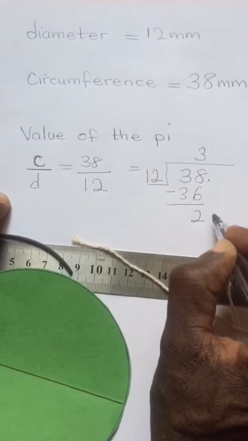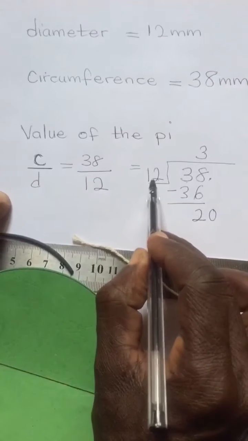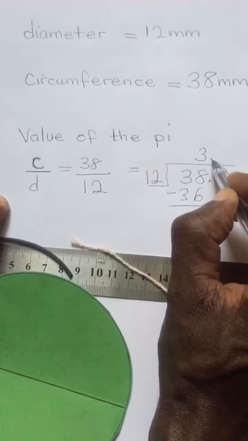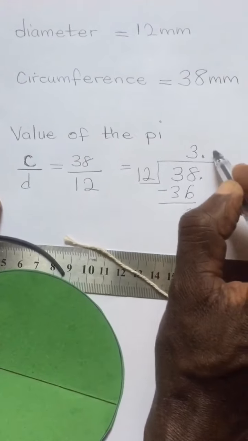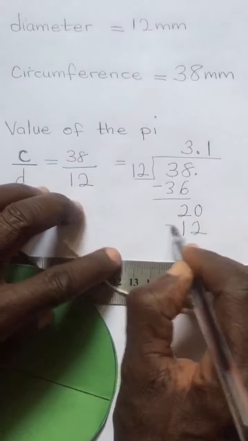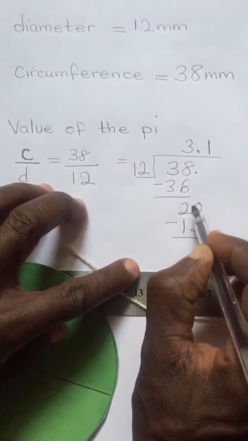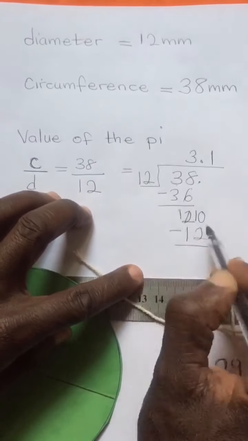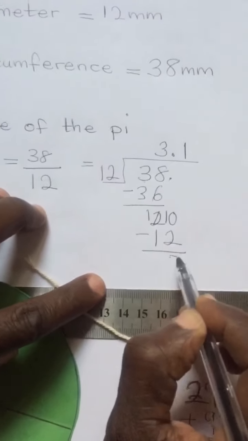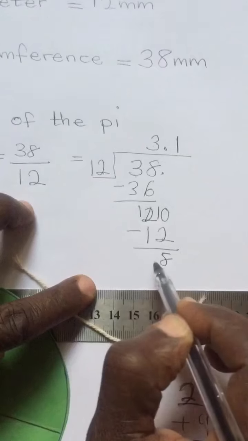When you put a decimal point here and put a 0 there, 12 into 20, this time with the decimal point, it is 1. 1 times 12, it is 12. When you take away, there's a 1 there. You borrow 1, becomes 10. 10 minus 2, 8. 1 minus 1, 0.